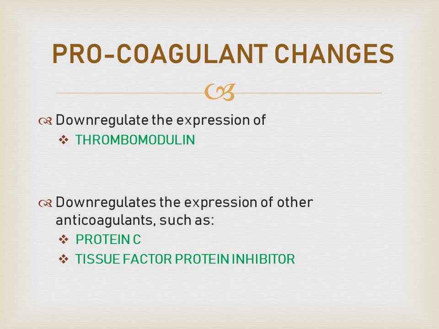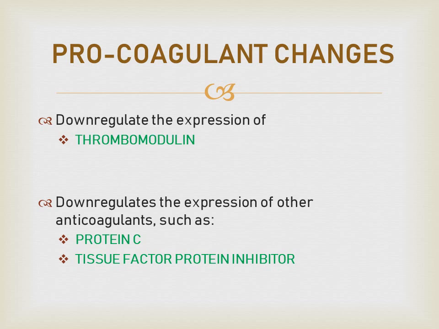Similarly, if there is down regulation of protein C, it will not result in the inactivation of factor 5 and factor 8. And if the tissue factor pathway inhibitor is also down regulated, it will not result in the inhibition of the tissue factor 7 complex.